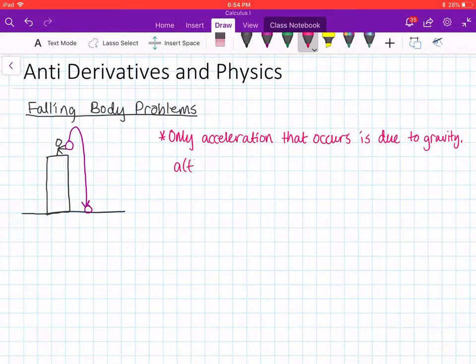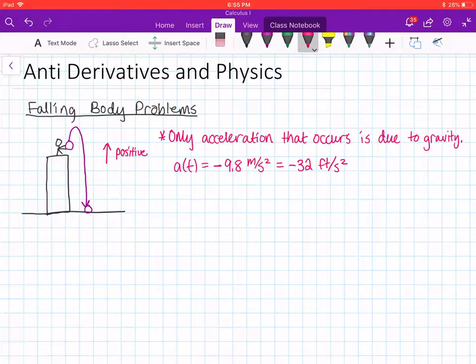We said it was 9.8 meters per second squared. And remember, we've got to worry about what's the positive direction and the negative direction. By convention, up is the positive direction. Since gravity is pulling the ball closer to Earth, it's going to be negative. It also equals negative 32 feet per second squared, if we want to do it that way. And it's constant, it's not changing.